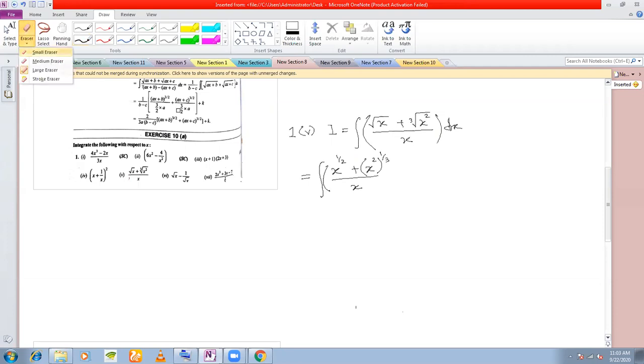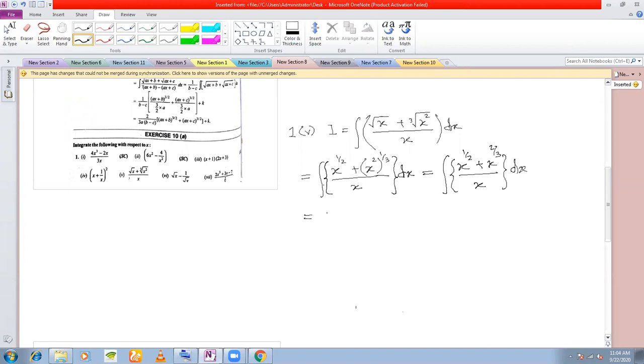Let me give a curly bracket here. So this will become integration of (x to the power of half plus x to the power of 2/3) divided by x, whole thing dx.